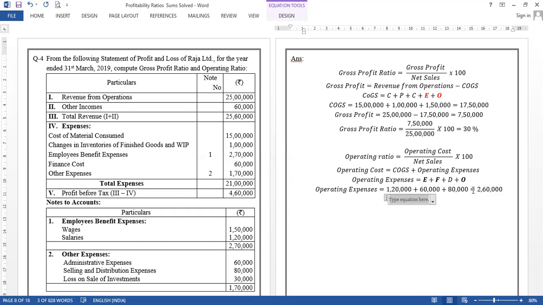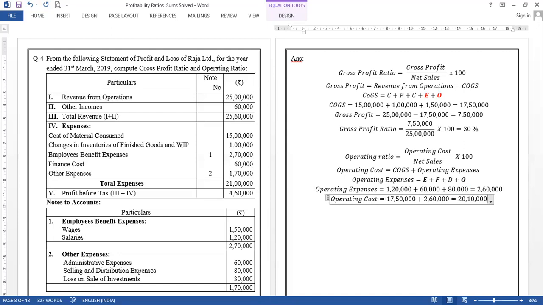Now when I have operating expenses with me and I have COGS with me, I can calculate operating cost and put the value in the formula. So let me calculate operating cost. Operating cost is equal to COGS, which was 17,50,000, plus operating expenses of rupees 2,60,000. So the total is 20,10,000.